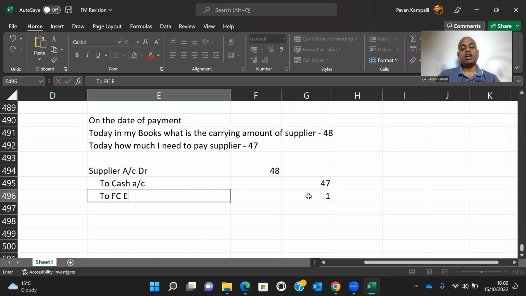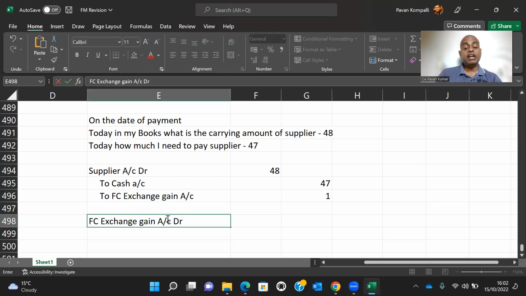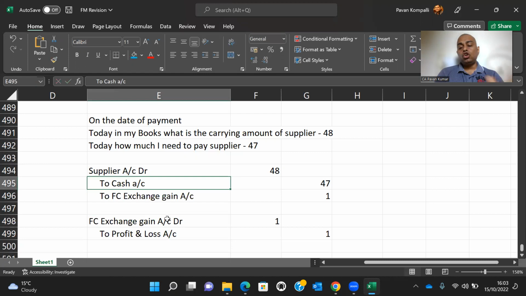To foreign currency exchange gain account, which goes eventually to P&L. Instead of passing two separate journal entries, you can write supplier account 48, to cash 47, to P&L 1.